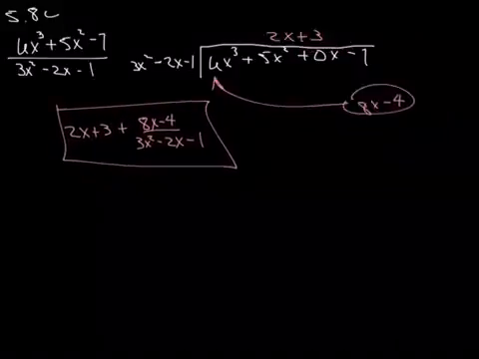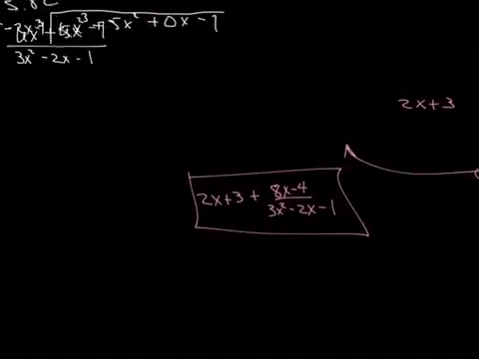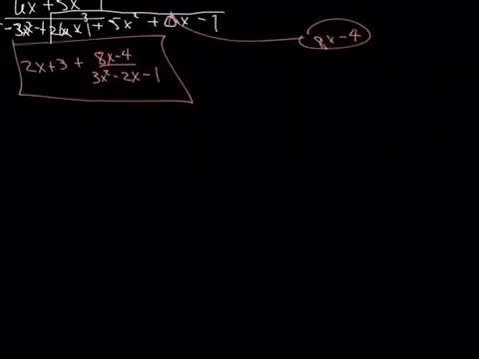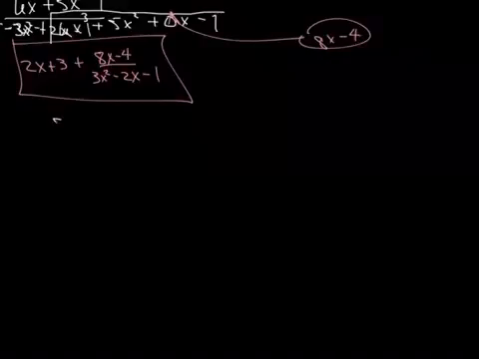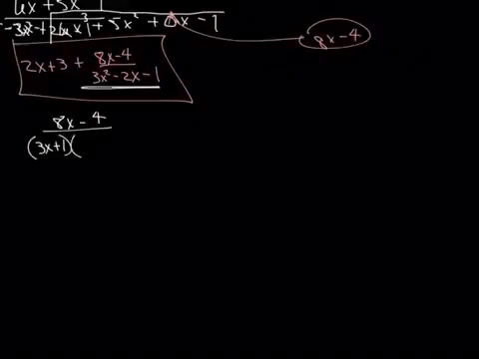All right, so let's move some stuff over here, and this is the only part we're going to consider at this point. Let's take 8x minus 4 over the denominator, and let's factor the denominator down to 3x plus 1 times x minus 1.